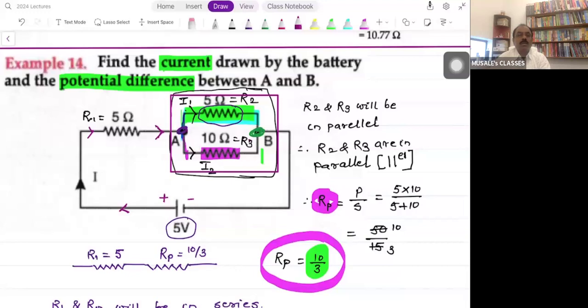Question कसा असेल, in the given figure or from the given circuit diagram, the current drawn by the battery or from the battery is A, B, C, D. Okay, so you have to calculate that and your answer is 0.6 ampere. That can be either A or B or C or D, whatever. Okay, so write down this.